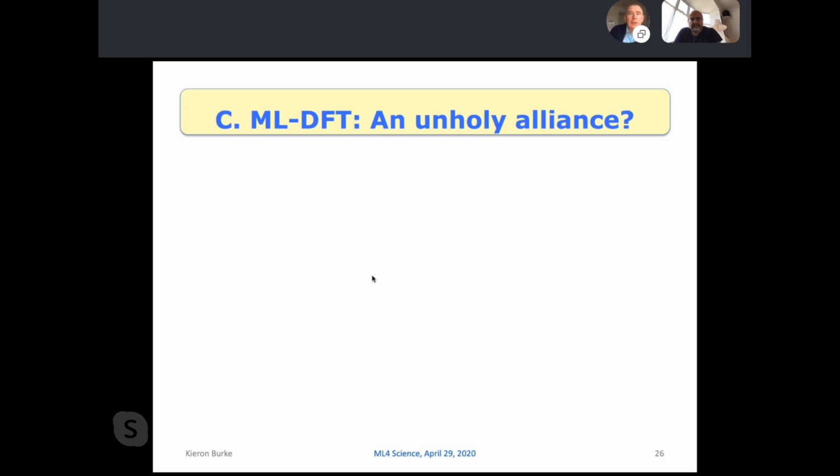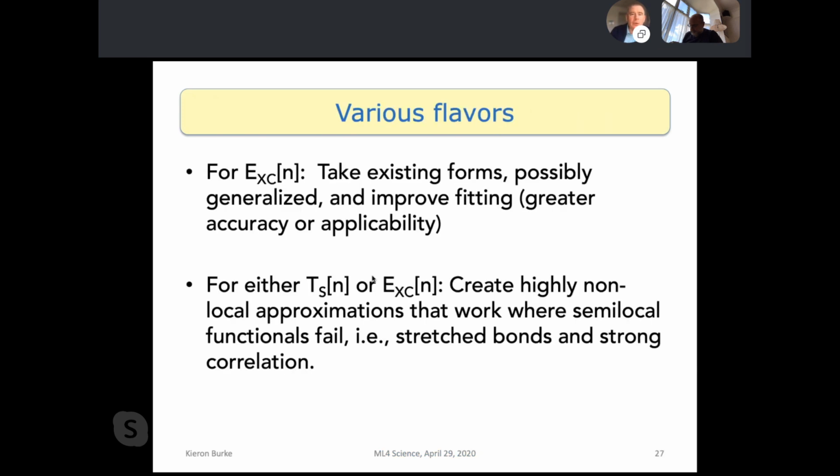Okay, so now I'm going to focus on machine learning and density functional theory, and I'll just give you some feeling for what's been going on in this area. Of course, people have wanted to do this forever.